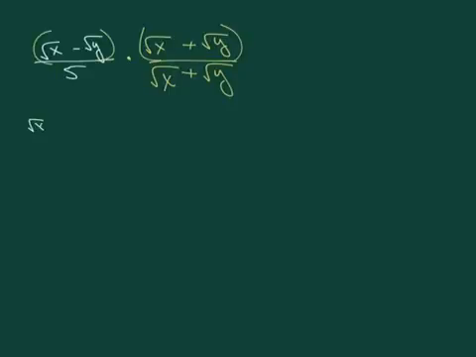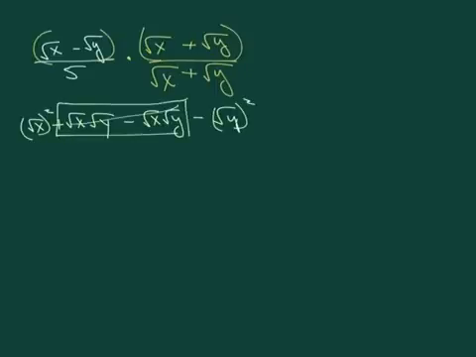Square root of x times the square root of x is square root of x squared. The outside would be square root of x, square root of y. Okay, you can't combine those because there's two different variables under there. So square root of y, square root of x. Inside. And last. Whoops. Okay, look, one's a plus, one's a minus, those go away. This becomes x, this becomes y.